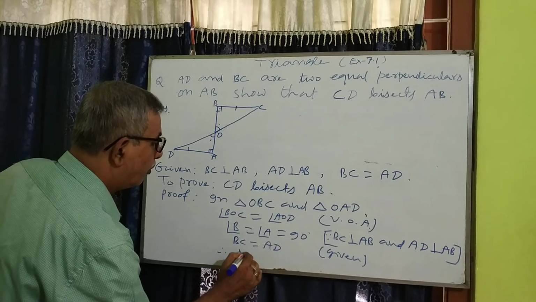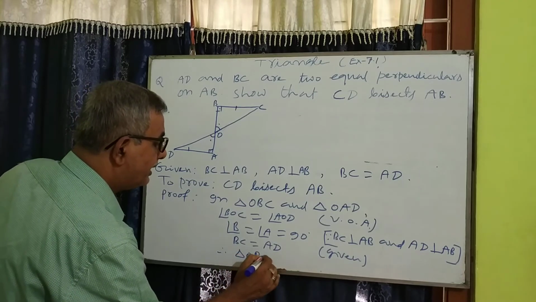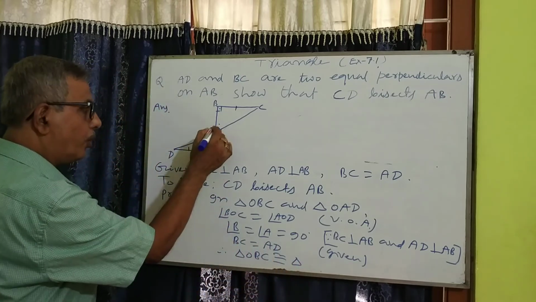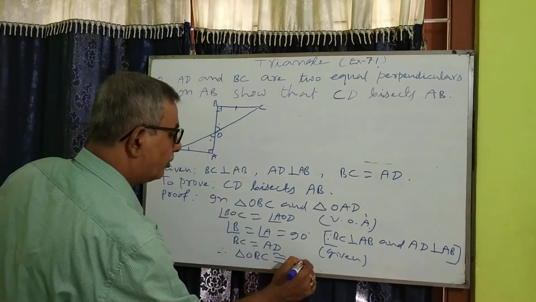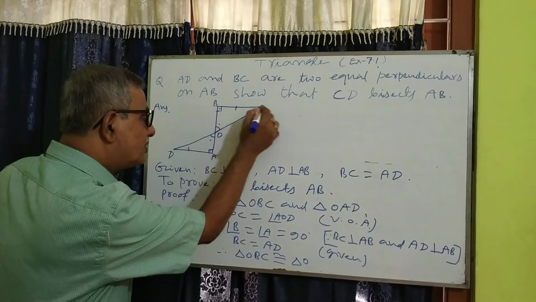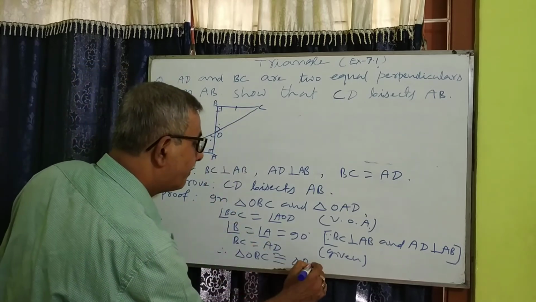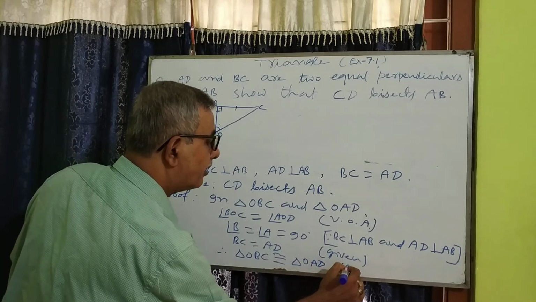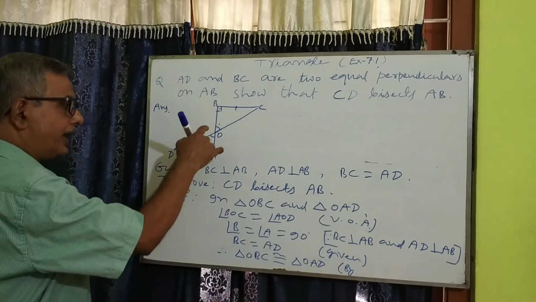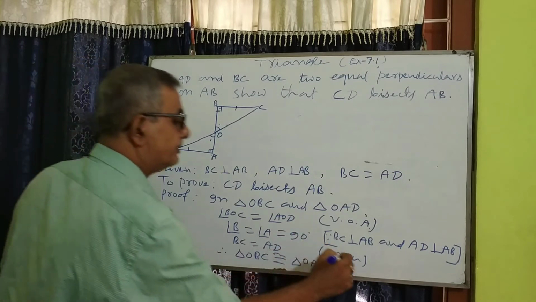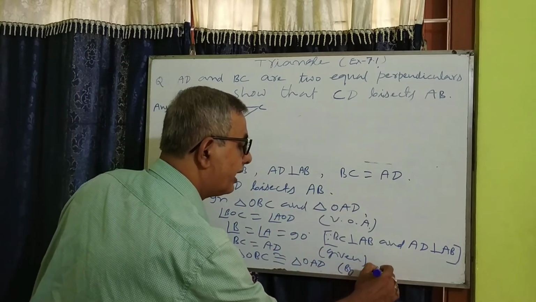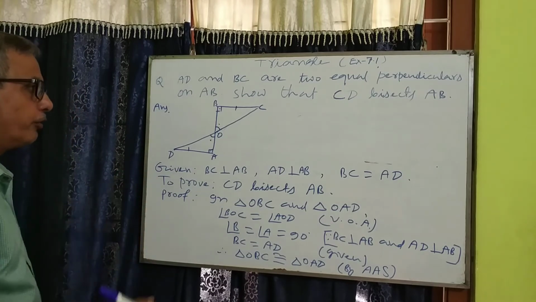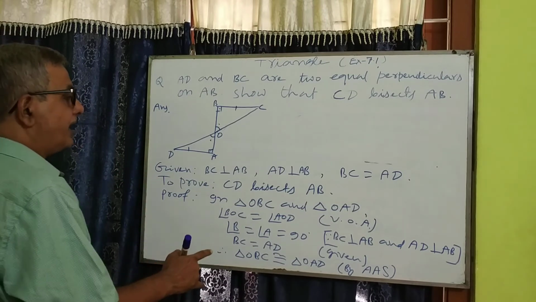Triangle OBC is congruent to triangle OAD, by the angle side postulate. When these two triangles are congruent, after that what you can write?